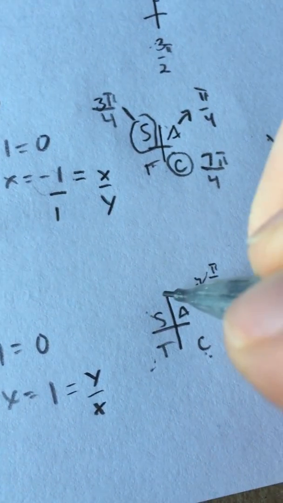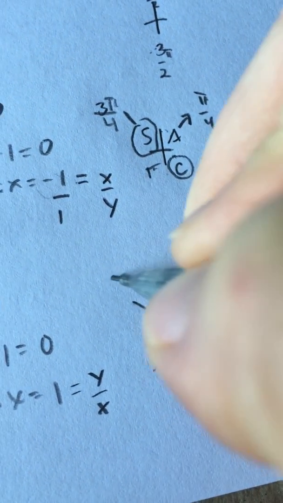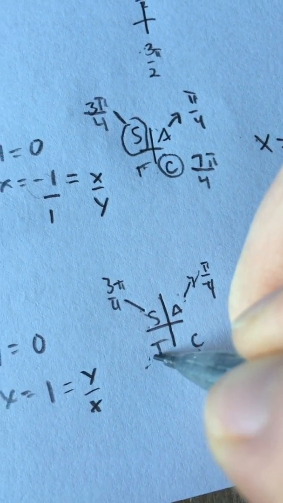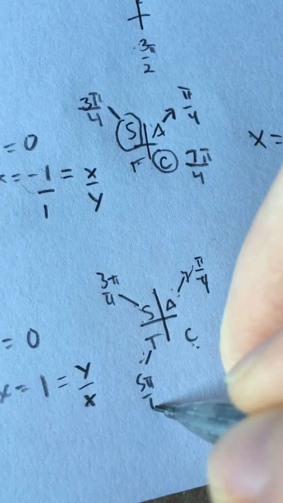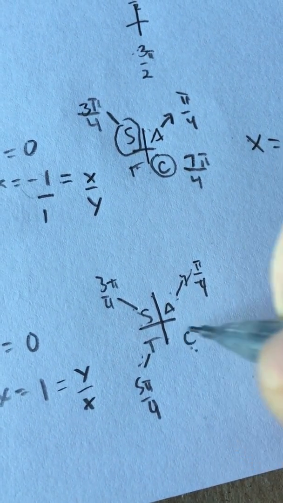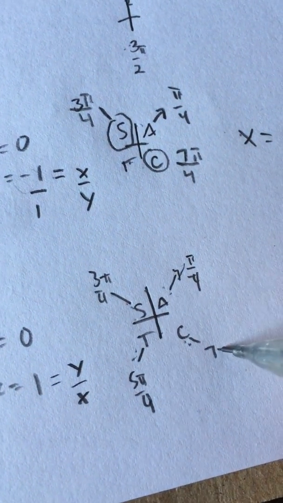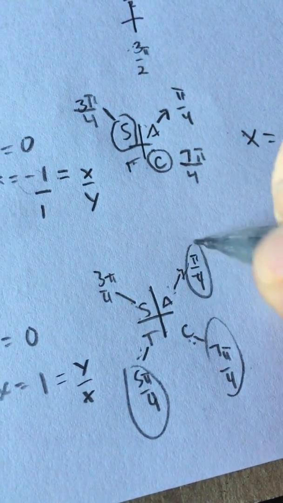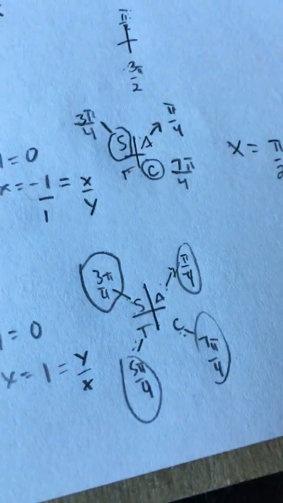Pi over 4, 2 pi over 4, skip. 3 pi over 4, skip 4. 5 pi over 4, skip 6, give 7 pi over 4. 4 answers for x. These are our 4 x values.